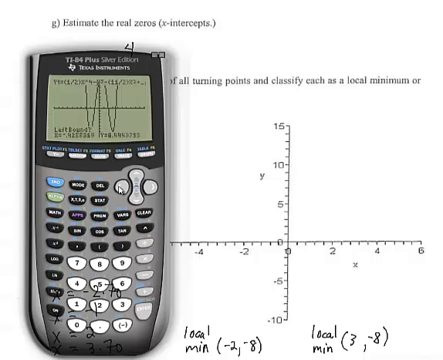I'm not sure if it's on the screen, but I'll try to calculate it without zooming around. We are to the left of the maximum. Arrow over to the right until you see the cursor drop down to the right of the maximum. Enter 2 more times, and the calculator tells us the coordinates are 0.5 and then 11.5. This is our local max.